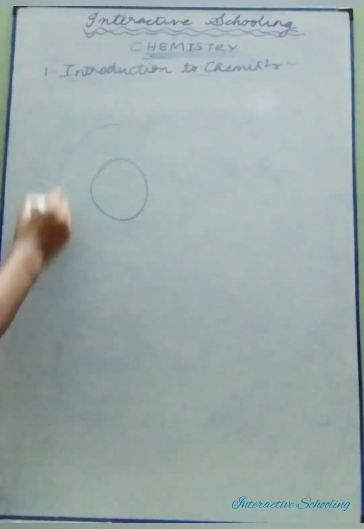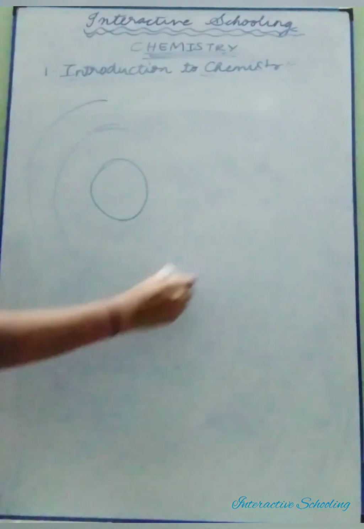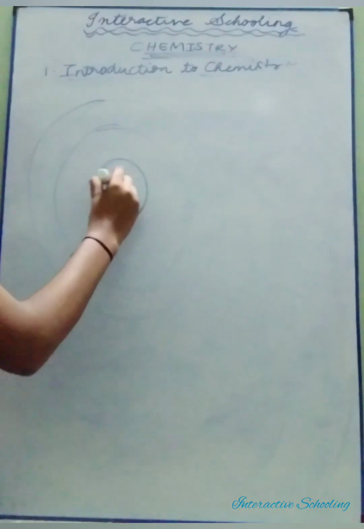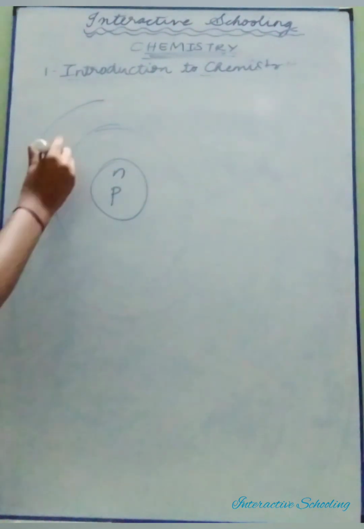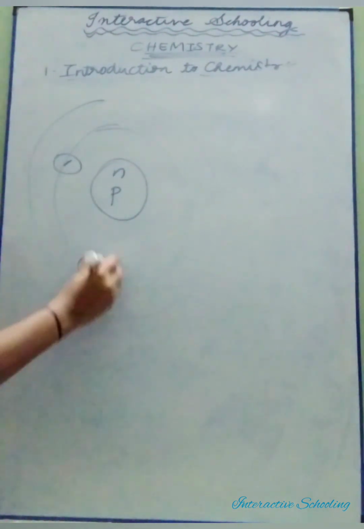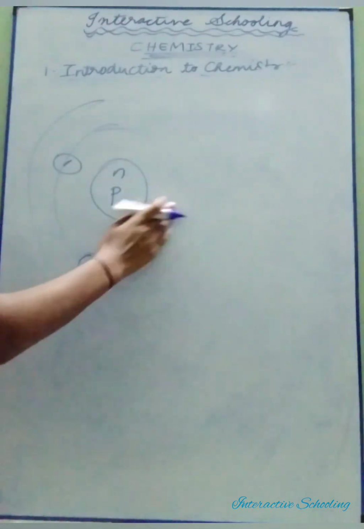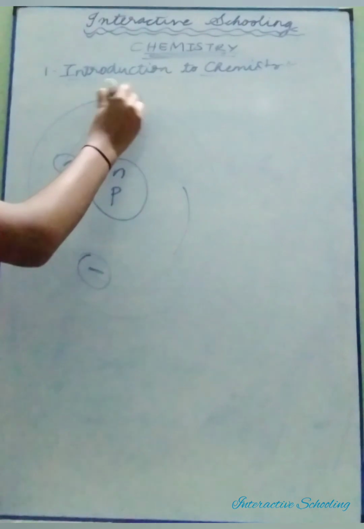Then Niels Bohr proposed that an atom looked like this. This was a nucleus with neutrons and protons, and the electrons in these orbits, which were called energy levels. While rotating, the electrons did not lose any energy.